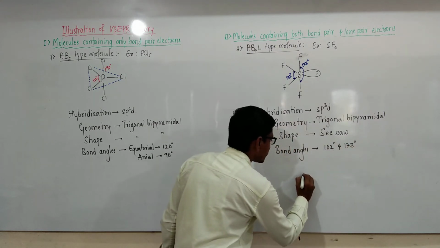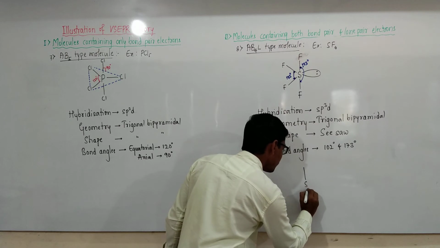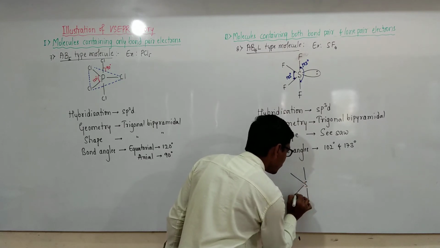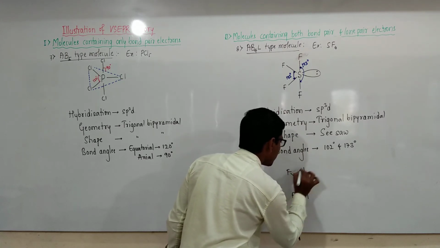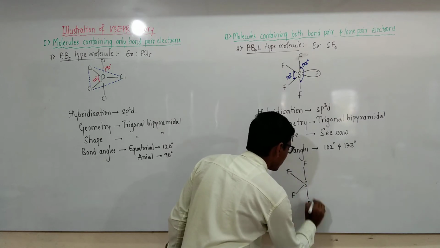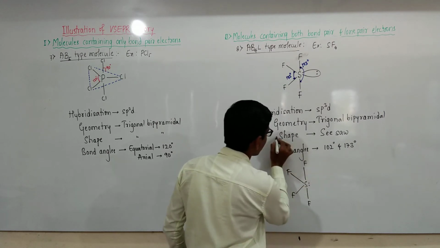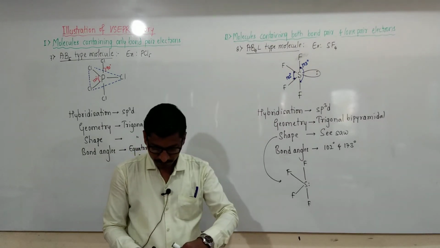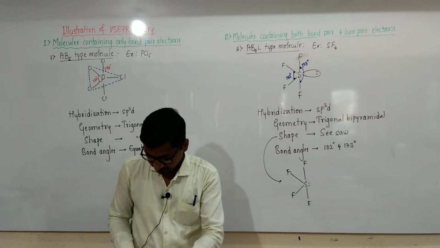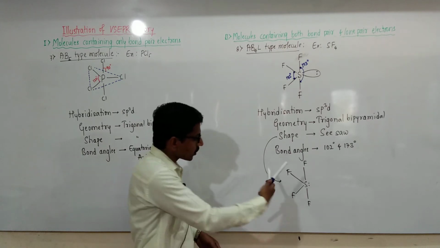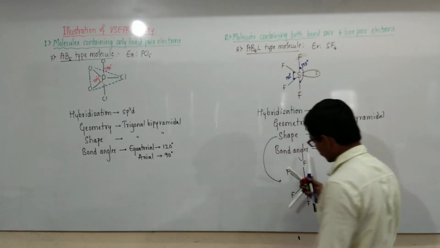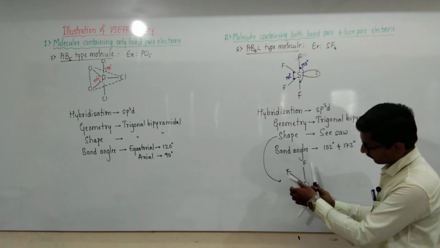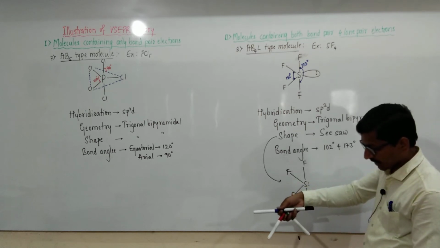The seesaw structure is represented like this. F. This is the seesaw structure of SF4, like this.